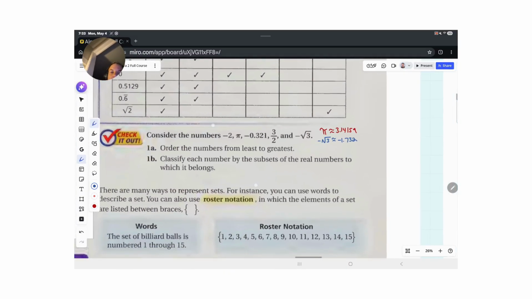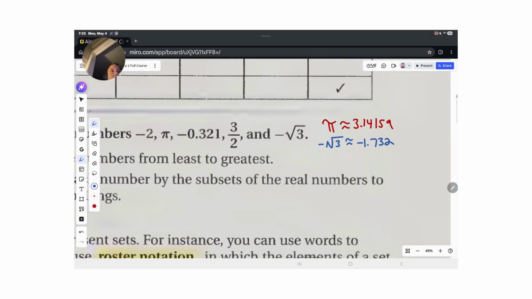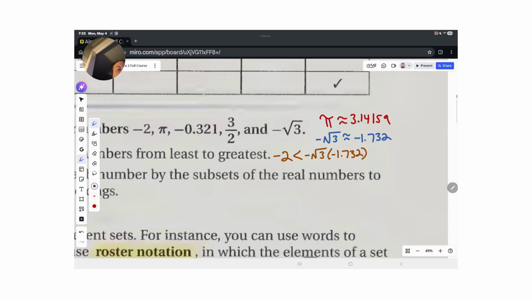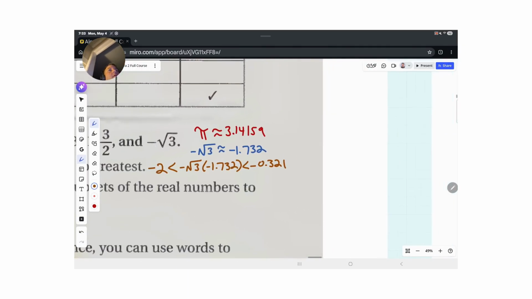So now let's order these. With our inequality symbols, we'll switch to a different color. Negative 2 is less than negative square root of 3, which was approximately negative 1.732, which is less than negative 0.321, which is less than 3 halves.